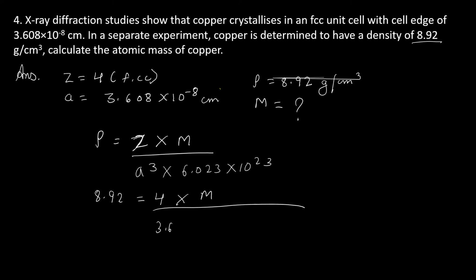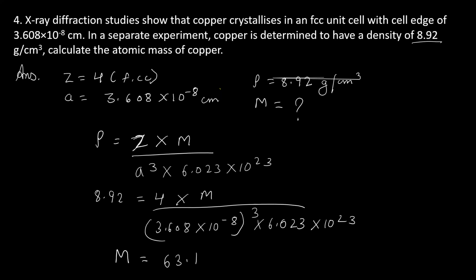A is 3.608 into 10 raised to power minus 8 whole cube. When you solve it, it will come out to be 63.1. And you know very well the atomic mass of copper is approximately 63, so the answer should be near to that. So you can easily cross check in such types of numericals.